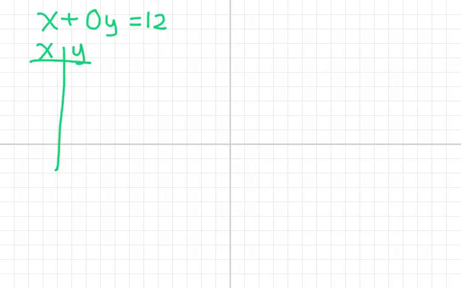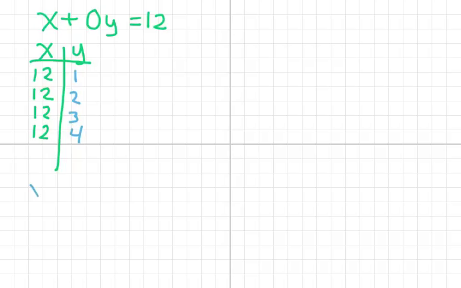But let's let our x be 1. So basically what I'm going to do is, it says x is 12 everywhere, so I'm going to just put 12. It doesn't matter what my y is. I can make my y 1, 2, 3, 4.